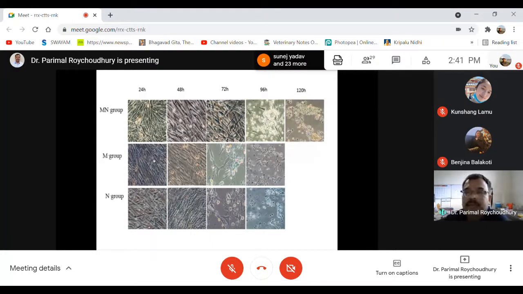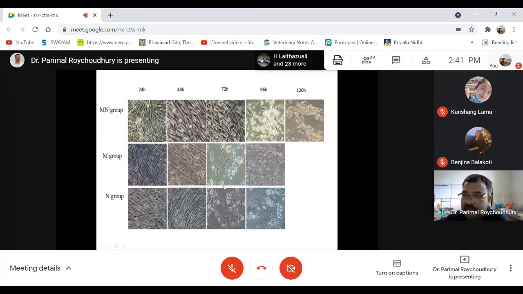I simply picked this up from certain research articles, showing how at different time intervals these changes in the cells occur. This is the normal healthy cell, then 24-hour infection, 48, 72, 96. You can see how the cells are being destroyed because of the virus replication. So we use the word cytopathic effect, CPE, to describe this kind of change.